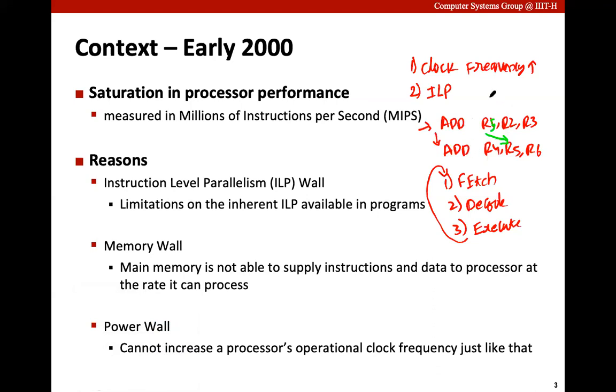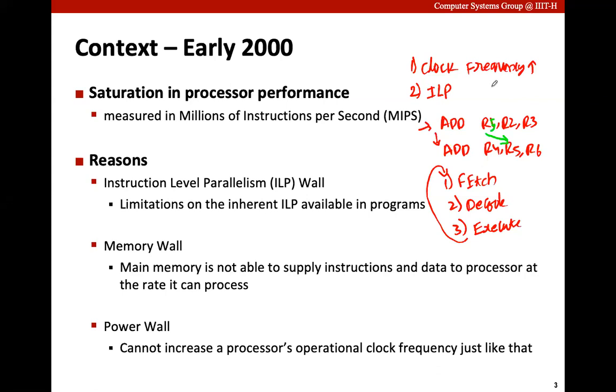and then they kept on increasing the clock frequency, because the transistor sizes were going down, and because of Moore's law, the rate at which we can switch a transistor on and off is very high, or the switching times for transistors are going down.